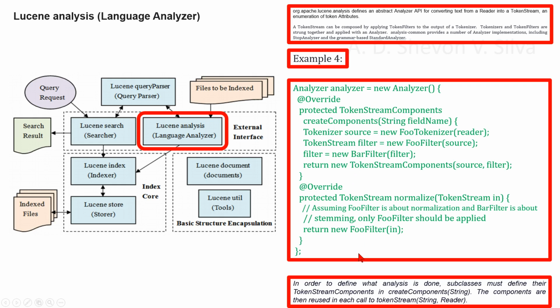Here is a simple sample example. Here we create a new analyzer, a TokenStreamComponents instance for this analyzer, and here in normalize we wrap the given token stream in order to apply normalization filters.